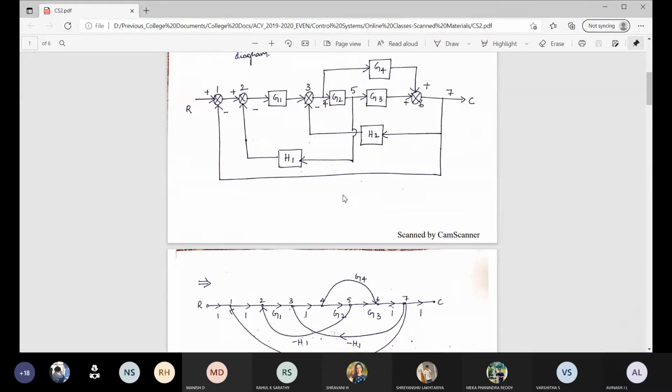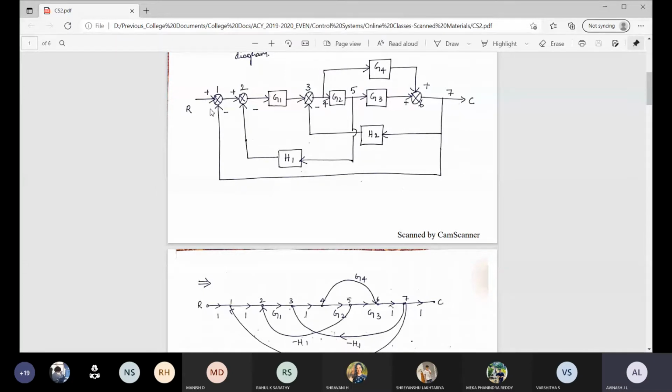Now we write these nodes, 1 to 7. Before and after these nodes there is R and C. From R to node 1, the summing point, we consider the value of the branch.